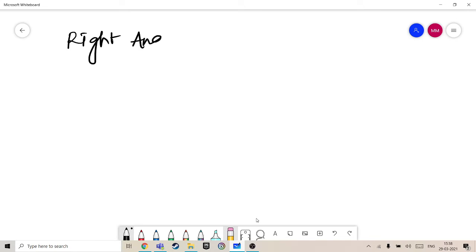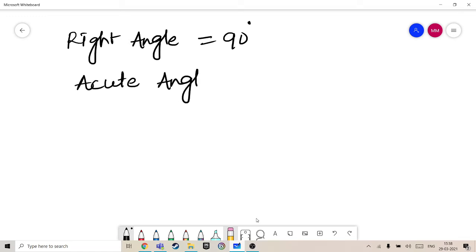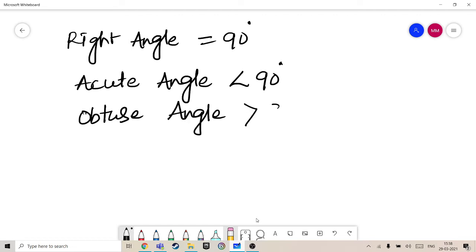Acute angle is less than 90 degree and obtuse angle is more than 90 degree. Okay, now these three angles done.